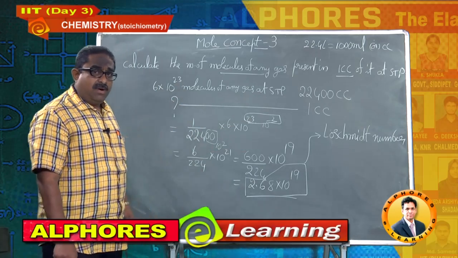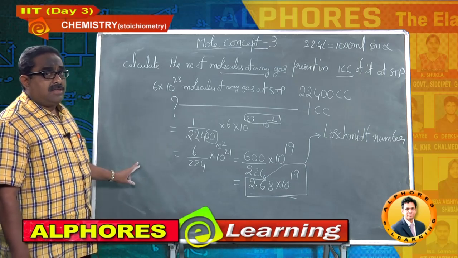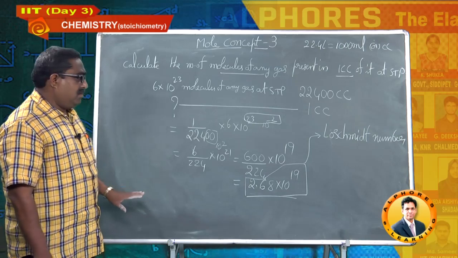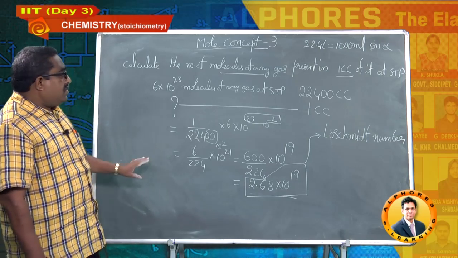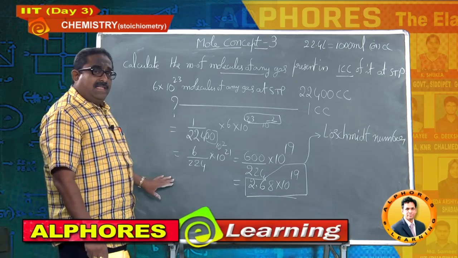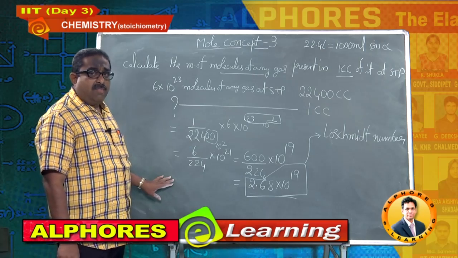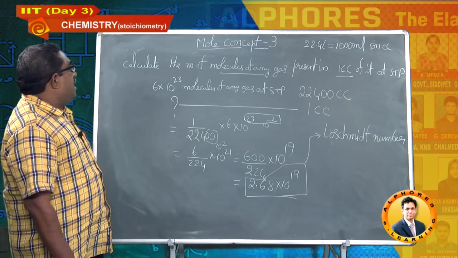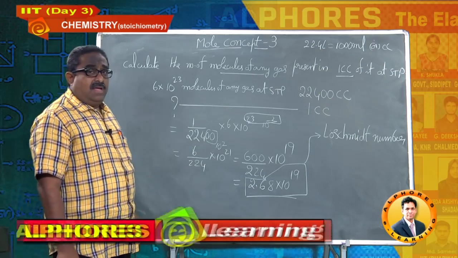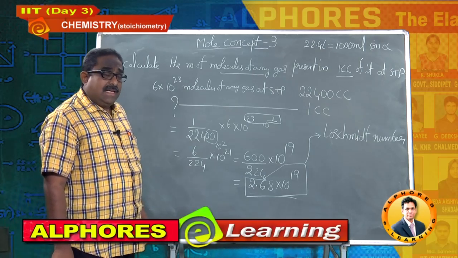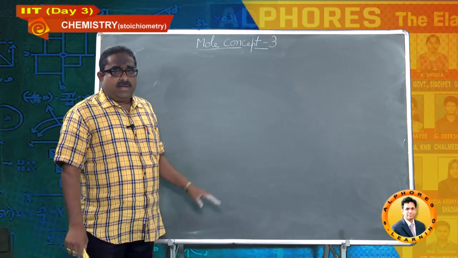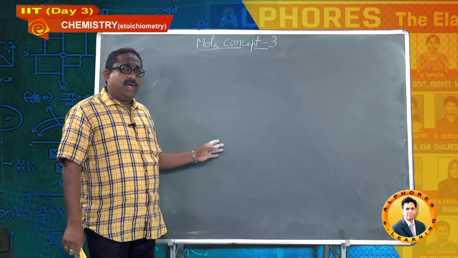Don't forget about that. This particular concept is applicable only to gases, students. So, this Loschmidt number is nothing but the number of molecules present in 1 cc of any gas at STP. And with this topic, I am going to end today.